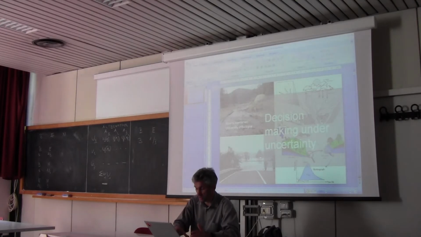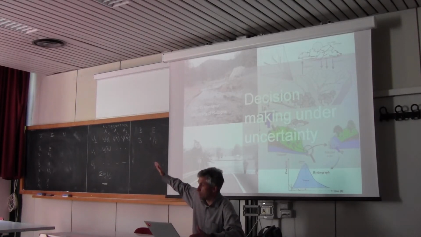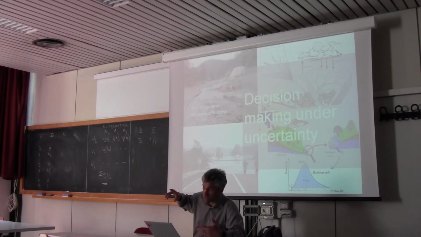Basically, we considered the case in which we have one criterion or multiple criteria for taking a decision. But we also have the problem that the information required to compute the numerical value of these criteria is uncertain. Let me give you a very easy example.